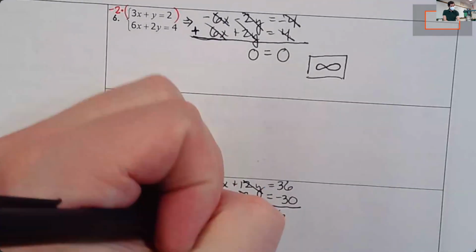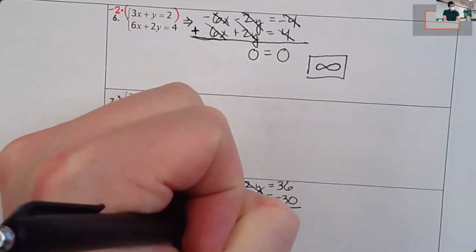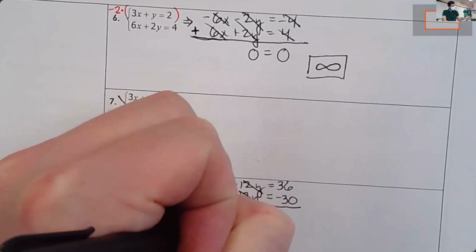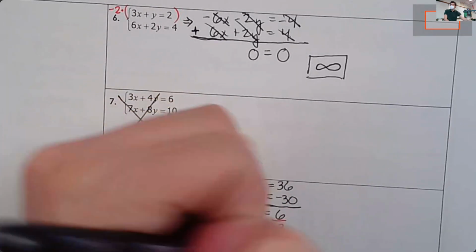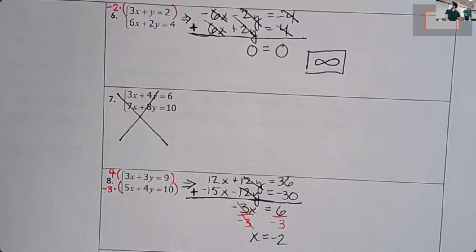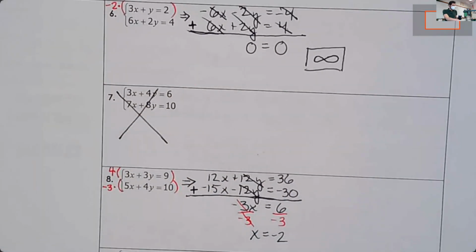And if we divide both sides of the equation by -3, we end up with x equal to -2. So this one required a little bit more thinking because we had to realize that I have to multiply both equations on this one in order for us to be able to cancel anything out.